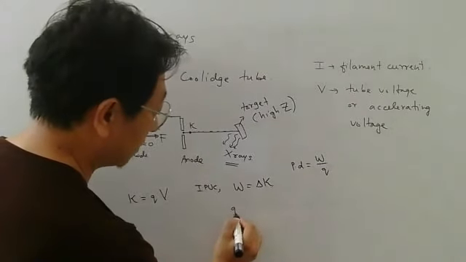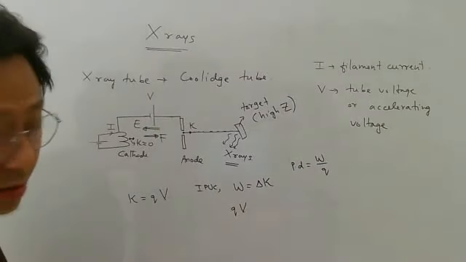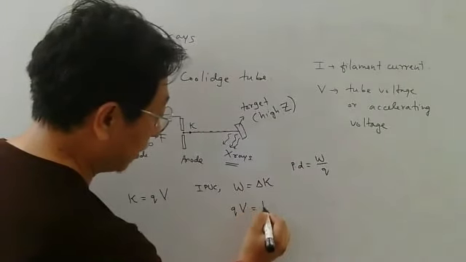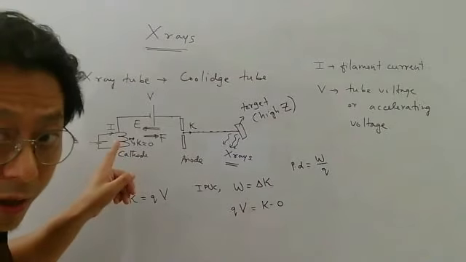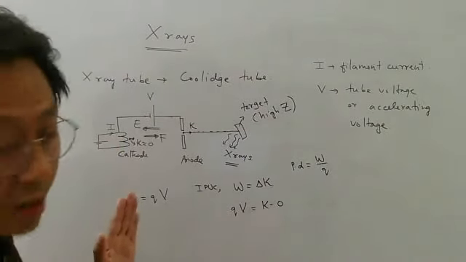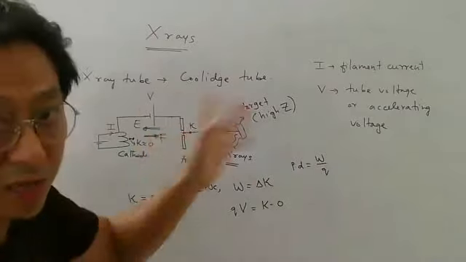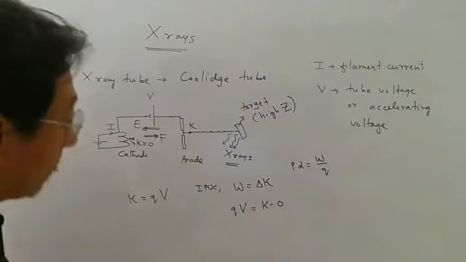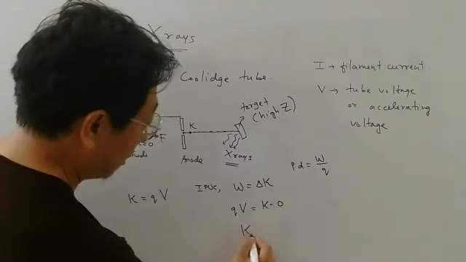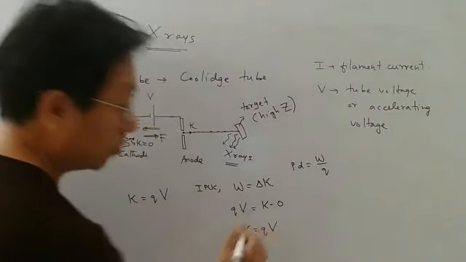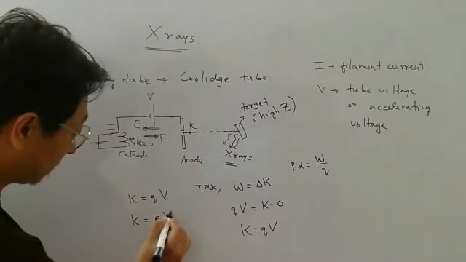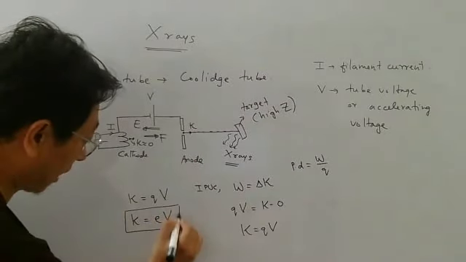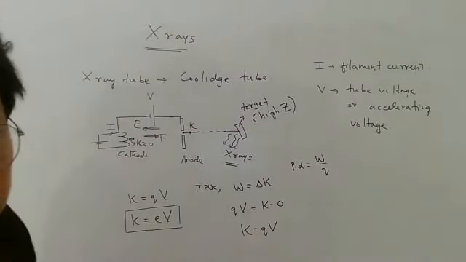Cross multiply: charge into potential difference. What is the change in kinetic energy? K minus 0, because initially it was approximately having 0 kinetic energy, and by the time it comes out it has kinetic energy K. So kinetic energy gained will be Q into V. For electron we will write e. Don't write the sign because kinetic energy should be a positive number, right? Okay.